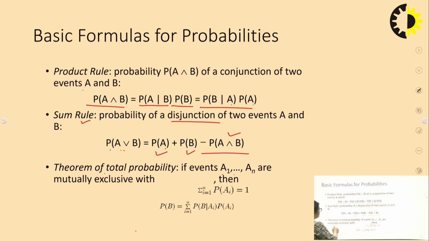When these events are mutually exclusive, the probability of B is equal to the summation over i equals 1 to n of the probability of A i times the probability of B when A i has happened: probability of A1 into probability of B given A1, plus probability of A2 into probability of B given A2, and so on.